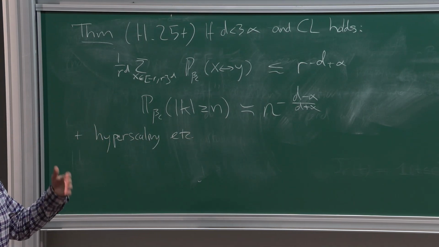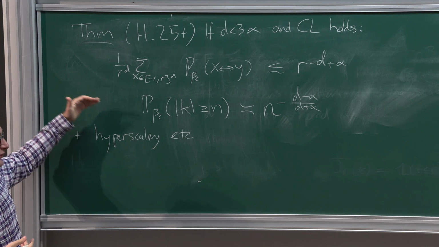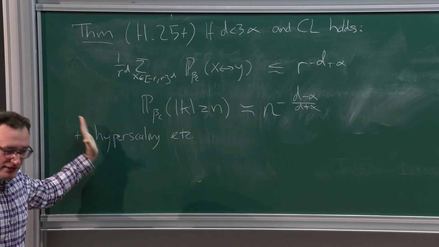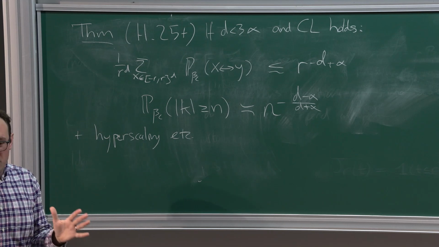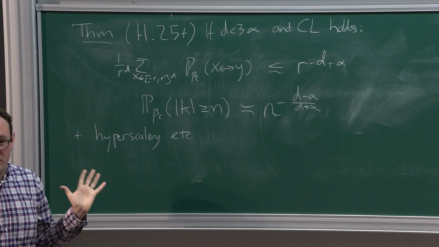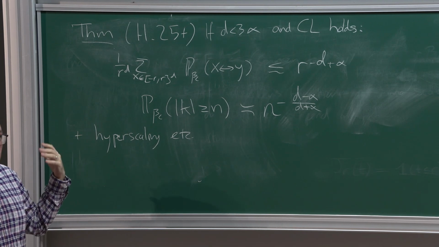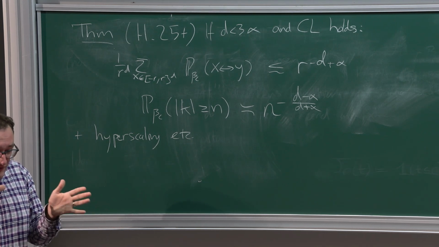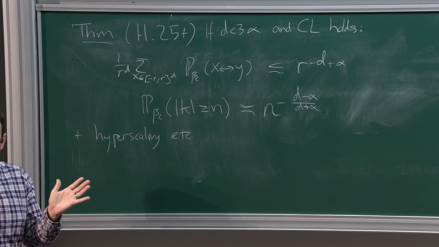And, again, as with all of these things, I've written down a couple of the main takeaways, but you get quite a comprehensive picture of what's going on geometrically. You actually get some precise versions of these hyperscaling relations.